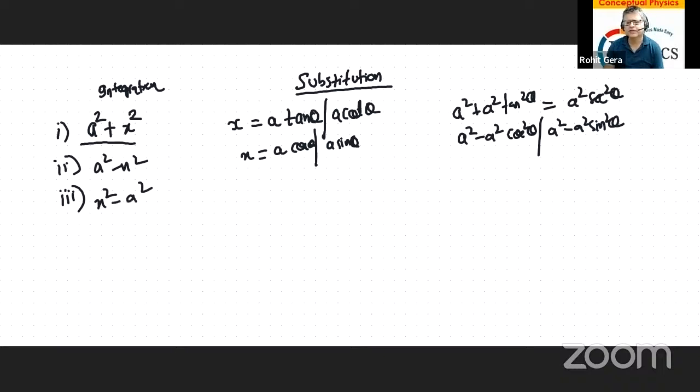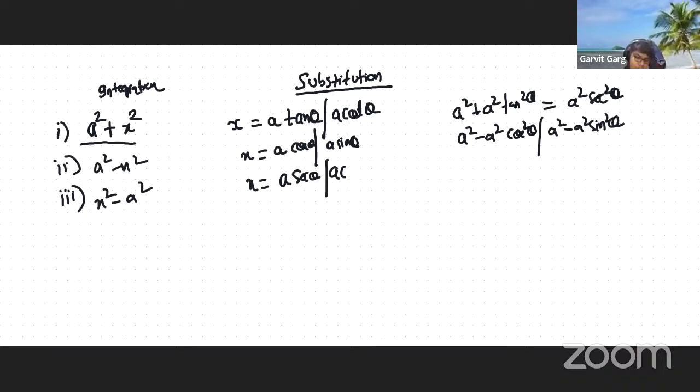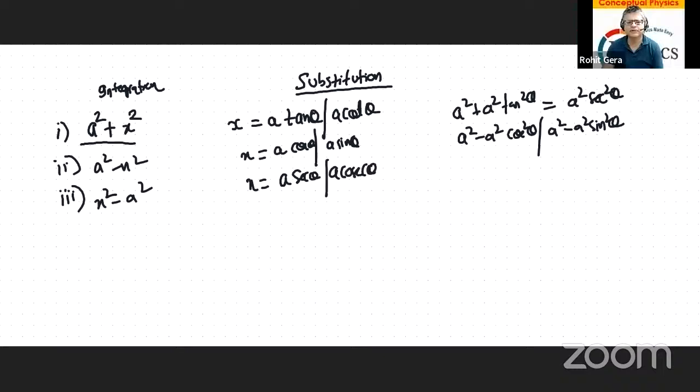Again the same thing. You can put secant or cosecant. This is more inspired by your knowledge of trigonometry. If you know trigonometry, you know why you are doing this. So this will become a square secant square theta minus a square is equal to a square tan square theta.